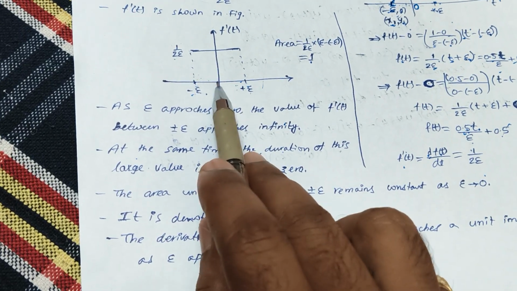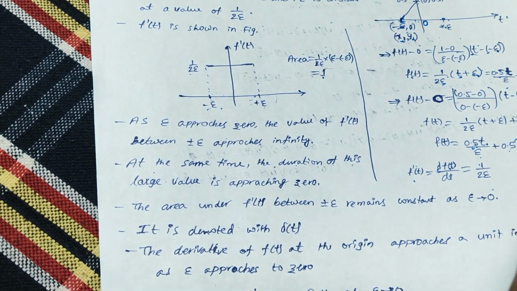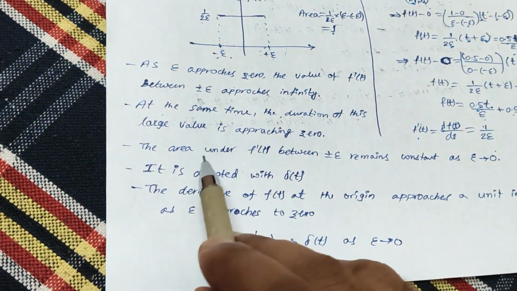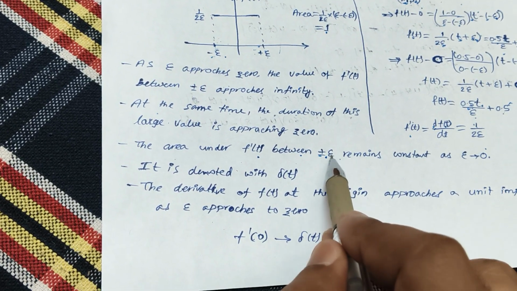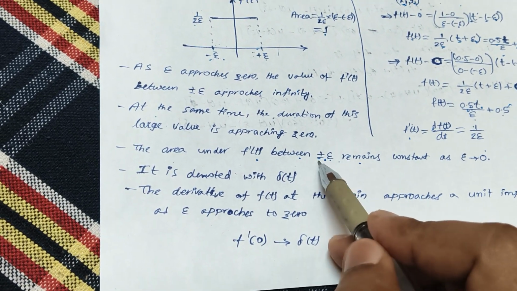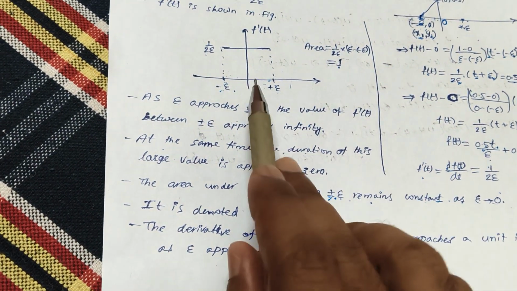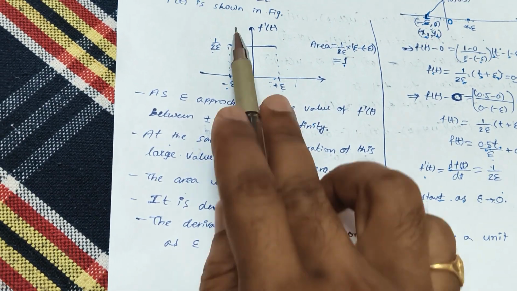The duration becomes 0 and the magnitude becomes infinity. This is the definition of the impulse function. The area under f dash of t between minus epsilon and plus epsilon remains constant as epsilon tends to 0. Here we are reducing the duration and increasing the magnitude.